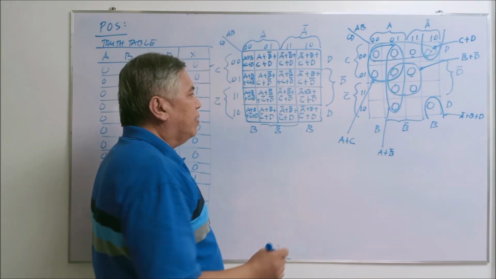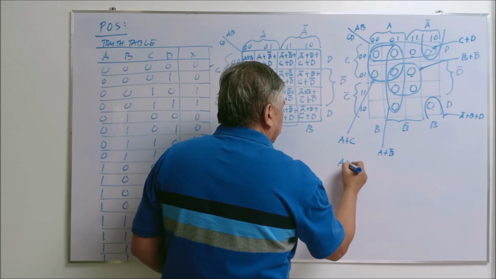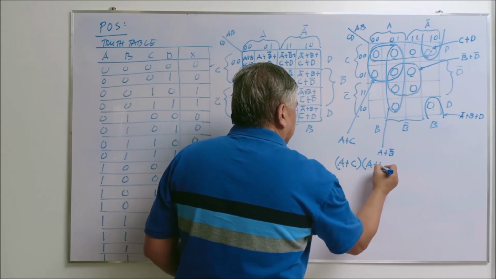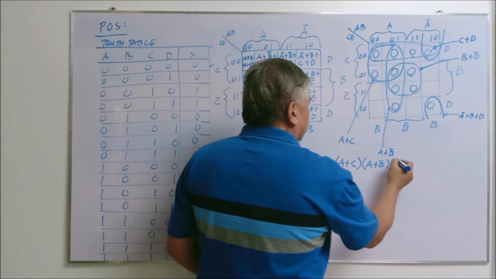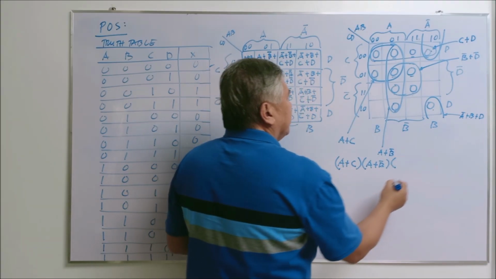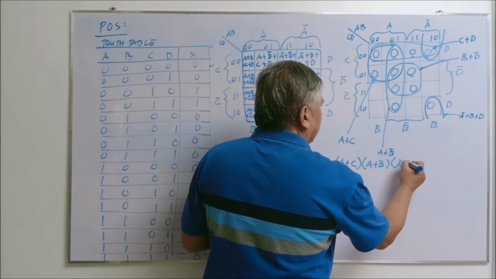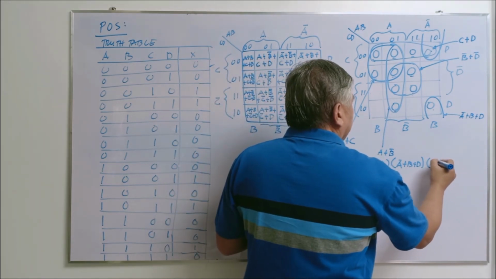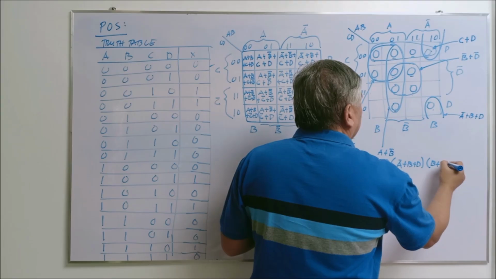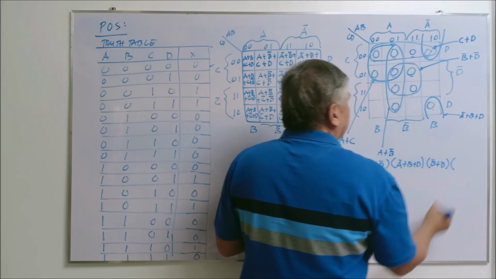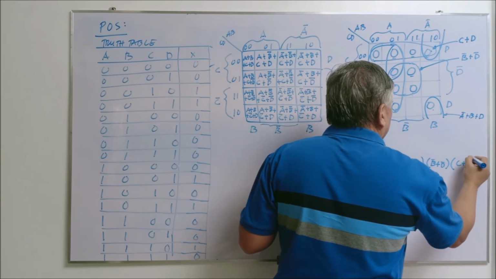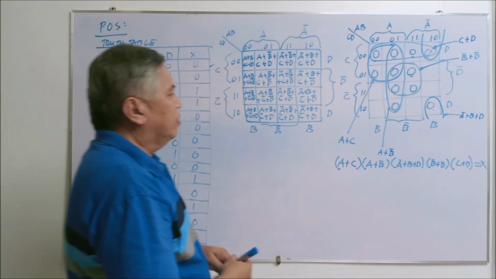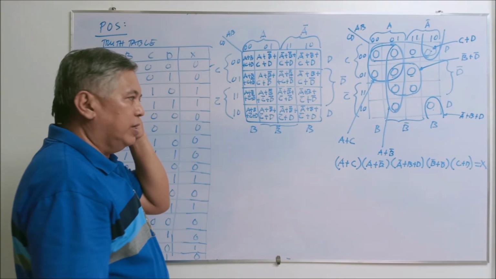Then the final equation will be A plus C, times A plus B bar, times A bar plus B plus D, another sum term, times B bar plus D bar, times C plus D is equal to X. Okay, so that will be our simplified logical equation.